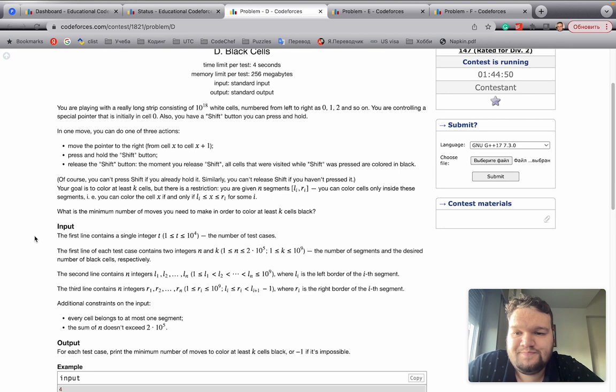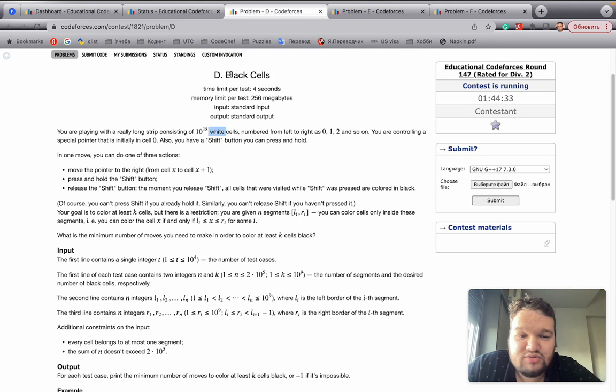Problem D. We have a very long strip of cells. All of them are white initially, I assume, because the name of the problem is black cells, so probably we will have some black cells.